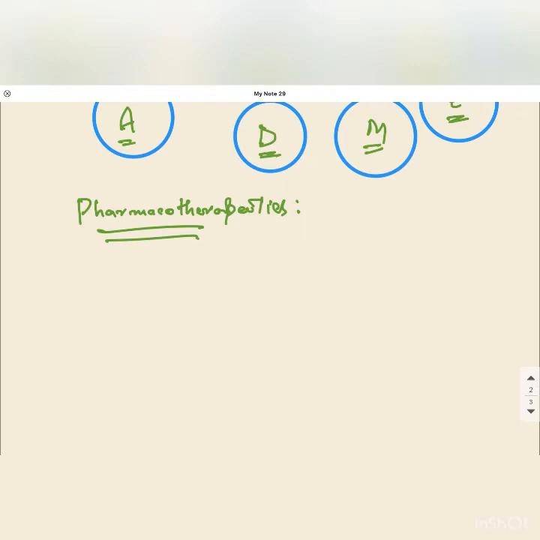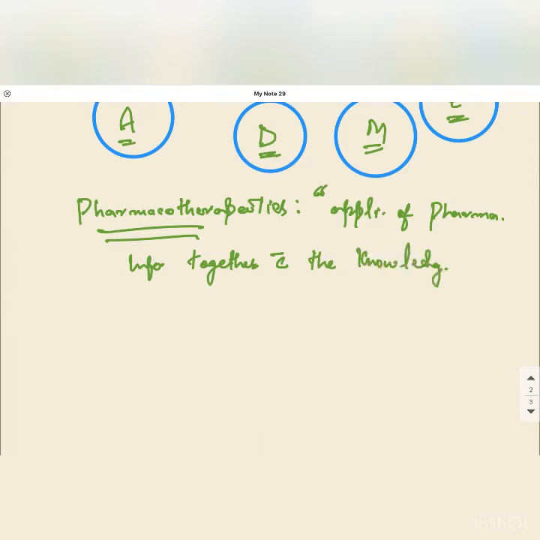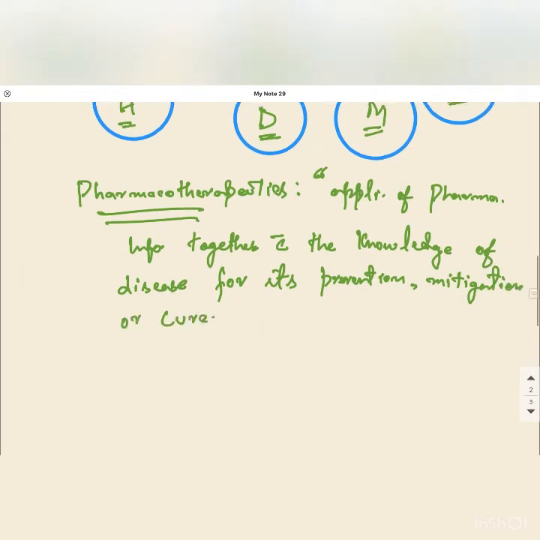It is the application of pharmacological information together with the knowledge of the disease, that is pathophysiology or pathology, for its prevention, mitigation, or cure. So what we basically do here, we select the most appropriate drug.